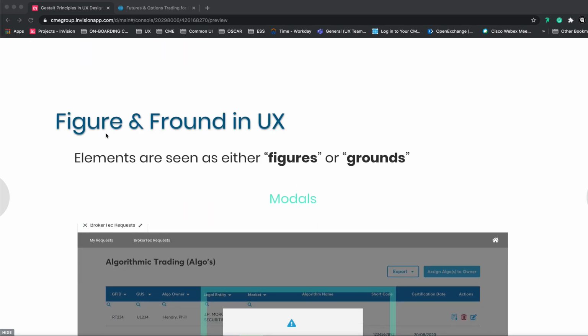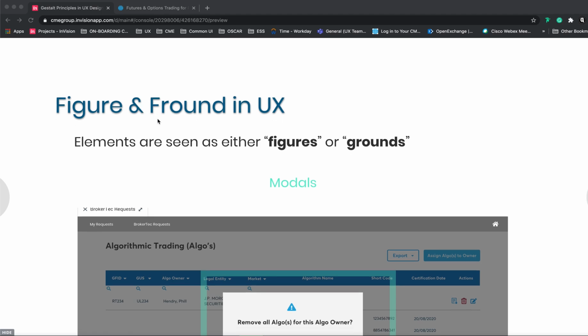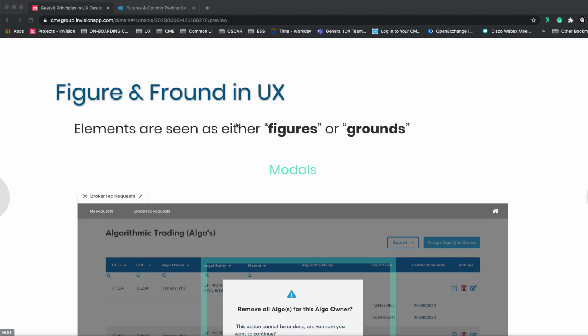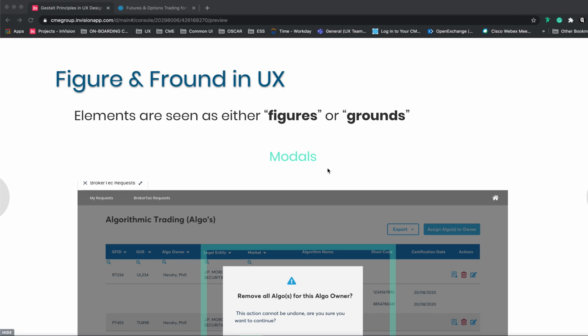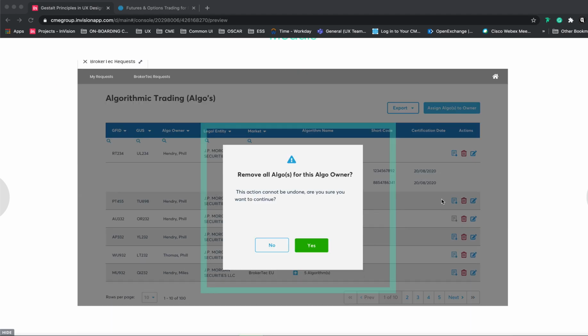So, figure and ground, I noticed here, great. Elements are seen as either figures or ground. So this example, it's very common in modals within the web design world. So right here we have this modal that is warning us on an action that we try to delete.